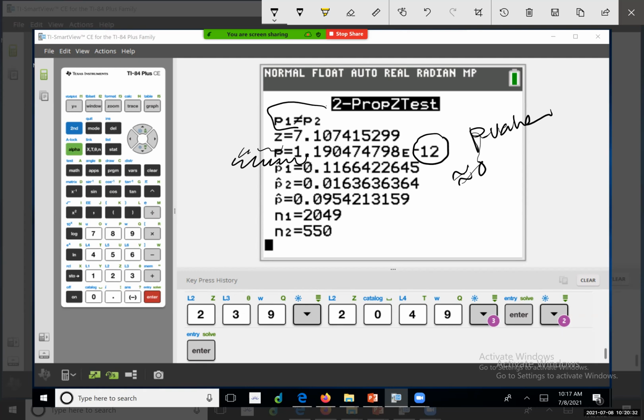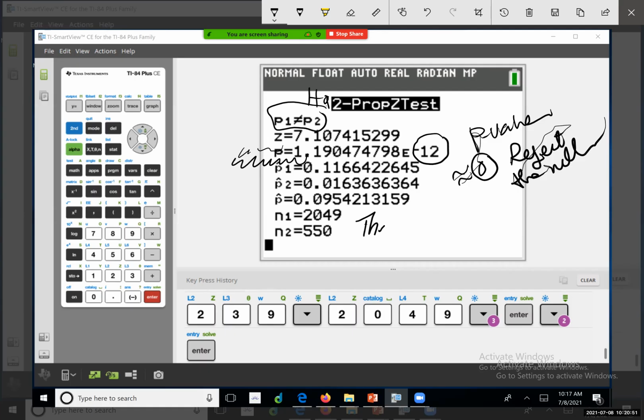Do you see that this is our null hypothesis, alternative hypothesis matching? So the p-value is small, so you reject the null.